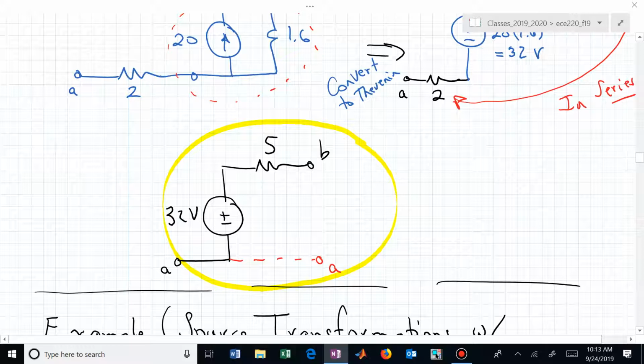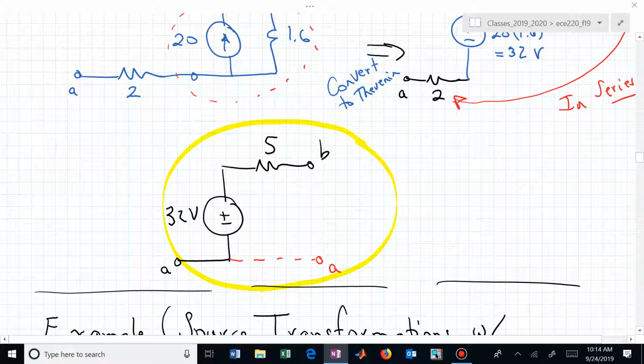And now you can put whatever you want on AB, and the terminal characteristics are going to be the same as they were earlier. But you don't have to go through all of that analysis to find what's happening at the terminals if what you're doing is simply changing what's connected to the terminals.